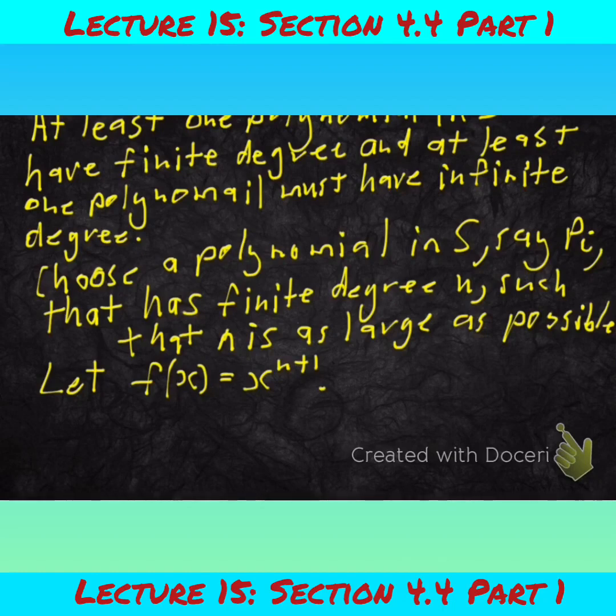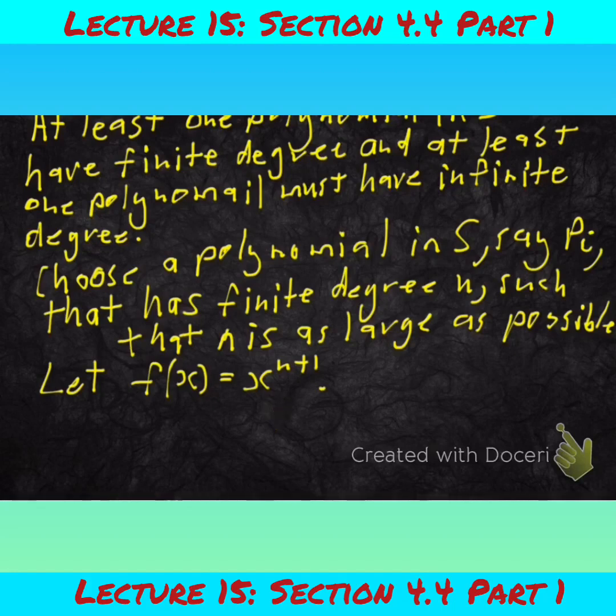Now, if the largest degree that the finite degree polynomials in S can have is this value of n, then I'm not going to be able to span that f of x, because that f of x has degree n plus 1.